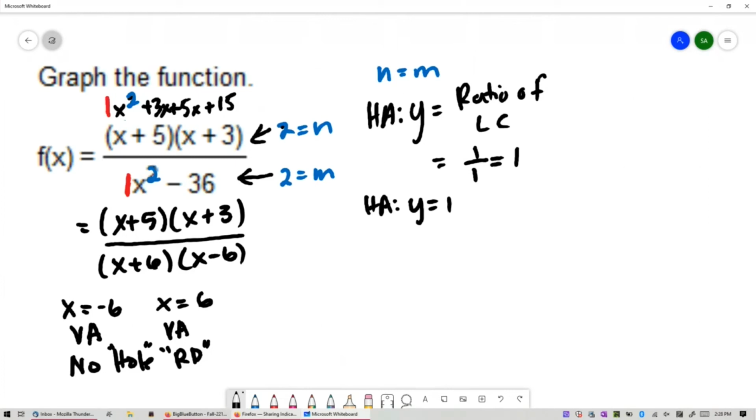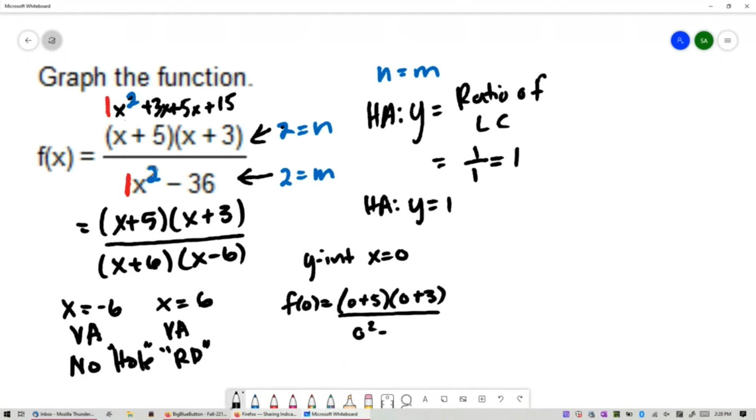Now, some other information that might be helpful would be x-intercepts and y-intercepts, and we may need some additional points on top of that as well. So looking for a y-intercept, I would let x equal 0. That would give f of 0 equals, we can use the factored form, 0 plus 5 times 0 plus 3 over 0 squared minus 36.